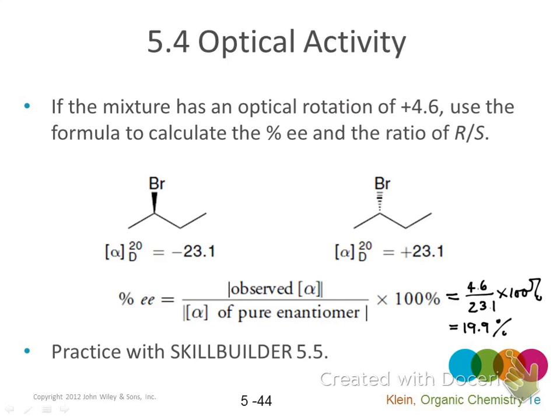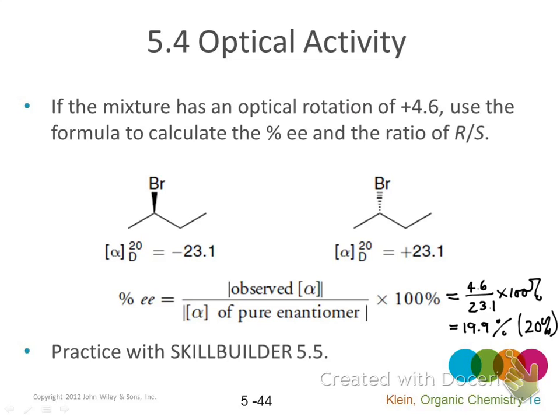Percent? Yes, percent. So what does that mean? 19.9% enantiomeric excess. That means I have 19.9% more of one than the other. I'm going to call that 20 because it's Monday morning and it's early. This is the way I think about it.